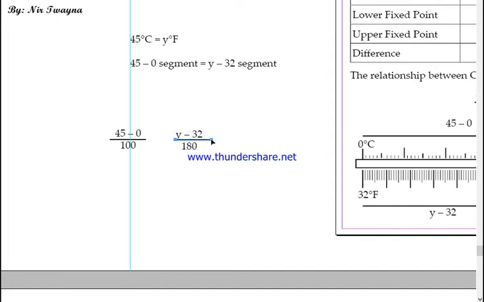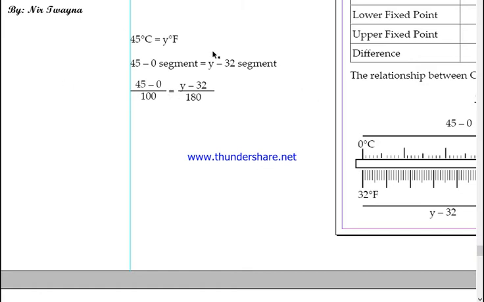Understood? Now in terms of segments this might not be equal, but if you convert it into actual length, then this is equal. This is how we got this relationship.